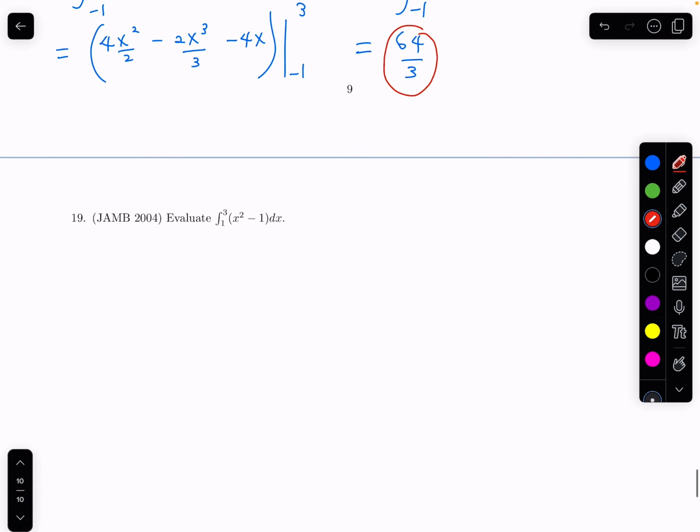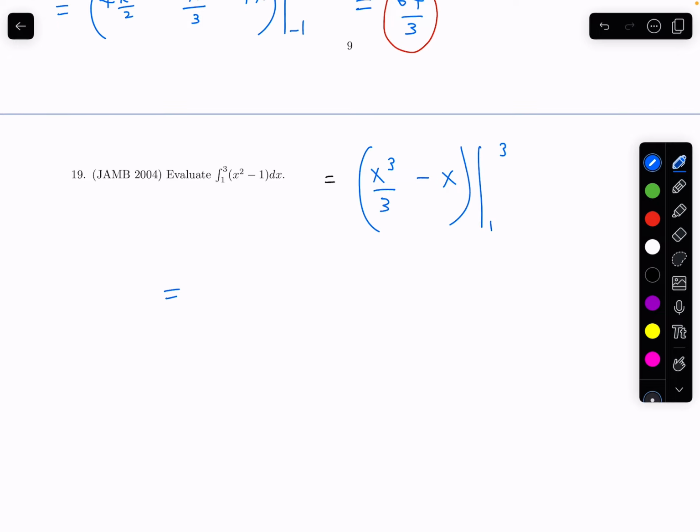Okay, now let's look at problem number 19. We want to evaluate this integral. Basically you apply the power rule, and this is just going to be x cubed divided by 3 minus x, from 1 to 3. You plug in 3 cubed divided by 3 minus 3, then minus 1 cubed divided by 3 minus 1.